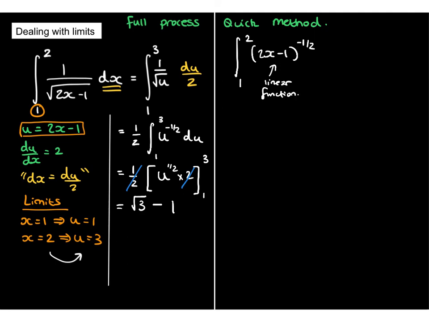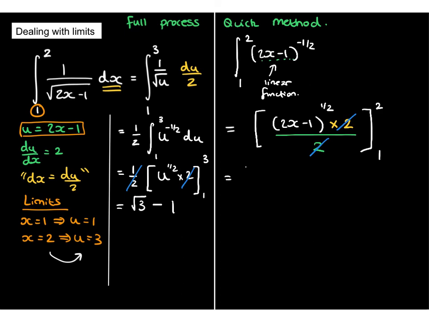Now, if I use the quick process, all I have to do is take 2x minus 1, raise it to the new power, which is a half, divide by the new power, which is a half, which is the same as multiplying by 2, but also I need to divide by the derivative of the inner function, which means I need to divide by 2. Now, again, we get a cancellation here, and I can keep my limits as 2 and 1 because the whole integral has stayed in terms of x.